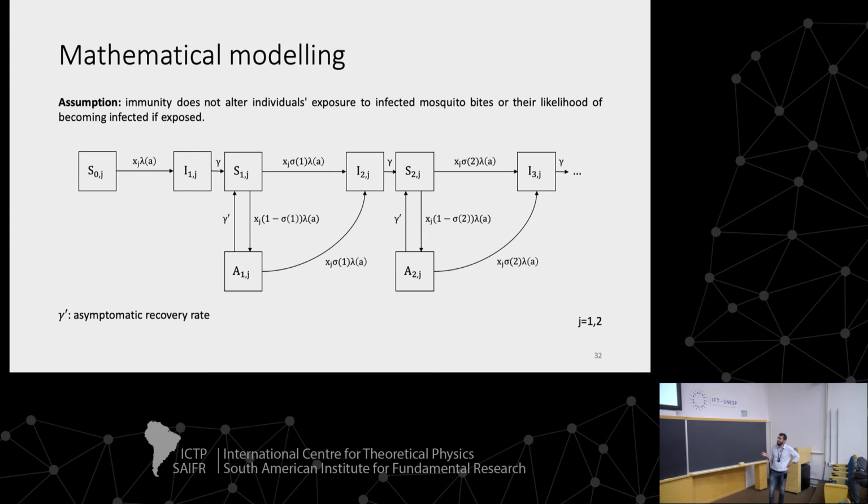Then we introduced these new compartments to our model. So here we have the complementary proportion of people. Some people are moving to become infected. Those that were bitten by mosquitoes and are not infected because of the partial immunity are becoming asymptomatic. An asymptomatic infected person can also become infected again and recover and so on.